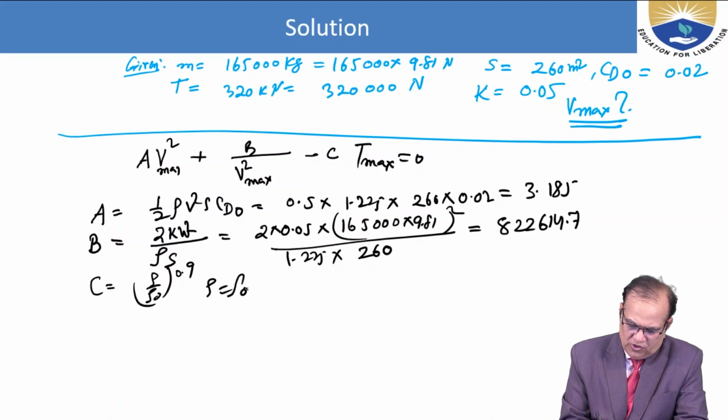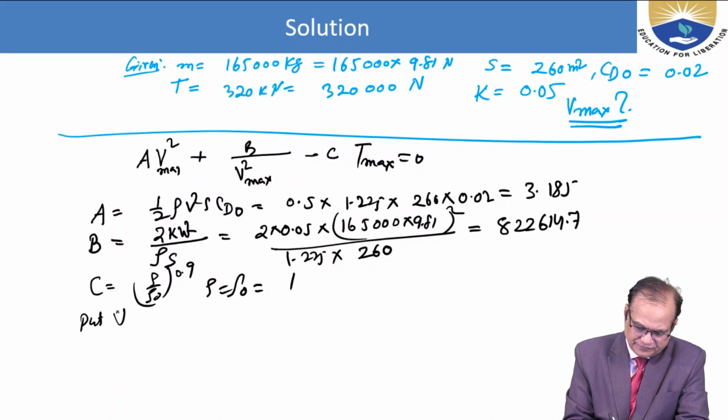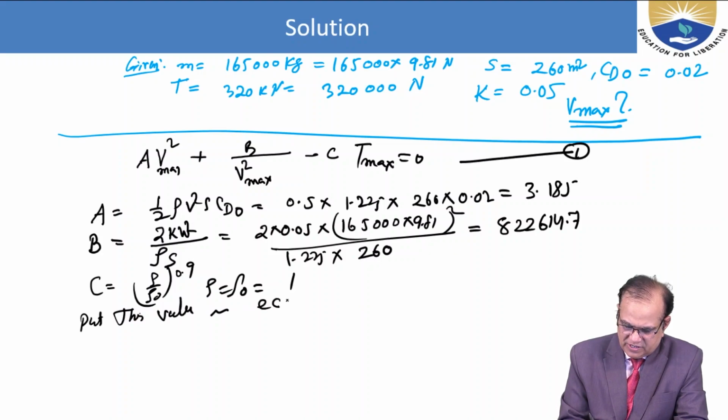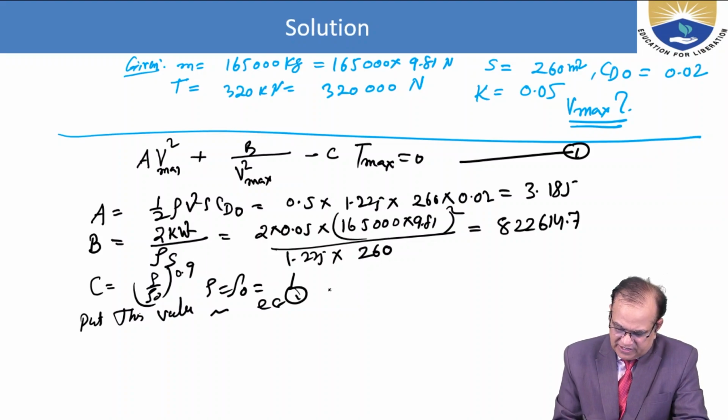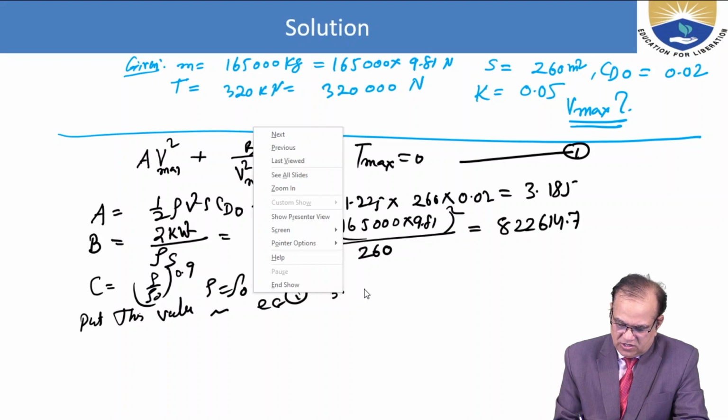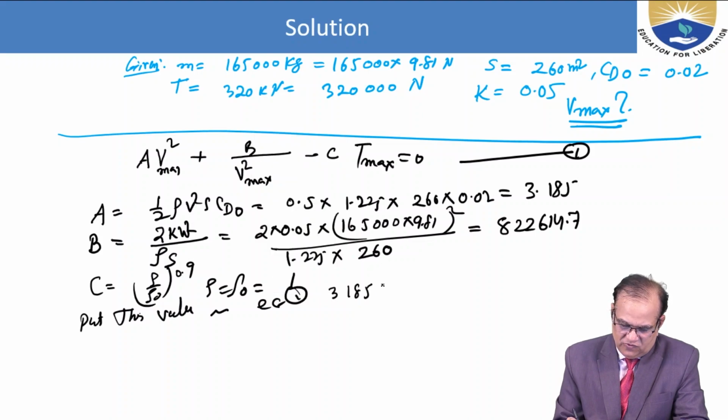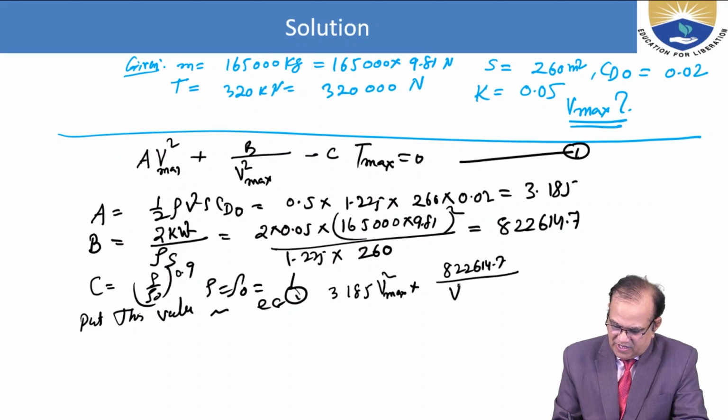C is equal to rho by rho naught power 0.9. So rho is equal to rho naught, this is equal to 1. So if I put this value in equation number 1, we can find out that 3.185 V square max plus 822,614.7 divided by V square max minus T maximum, 320,000, is equal to 0.